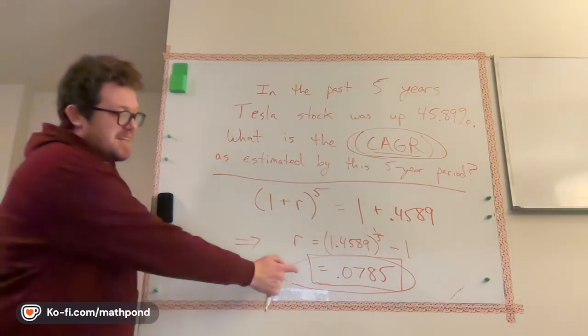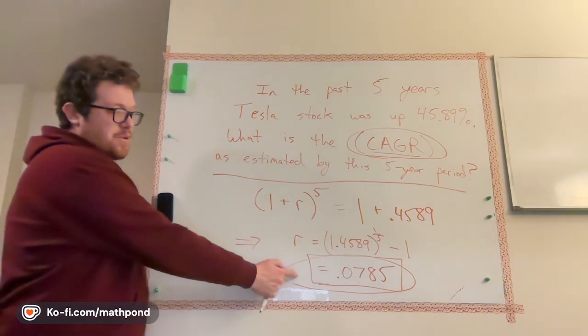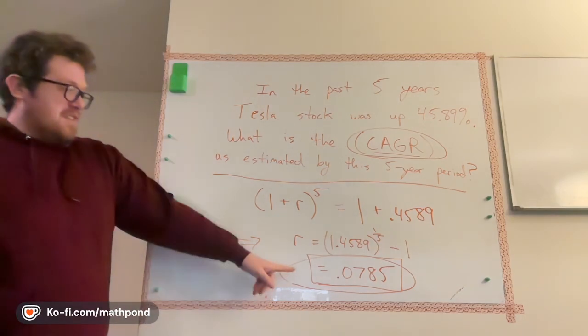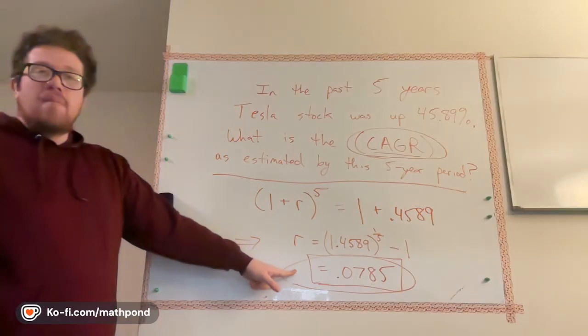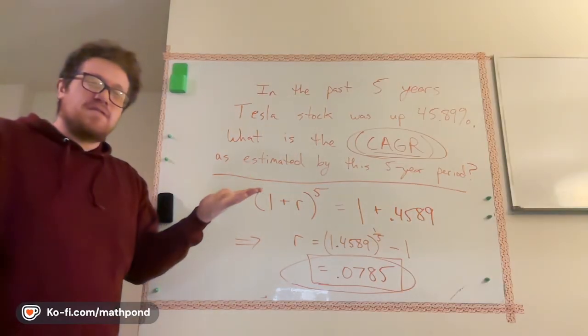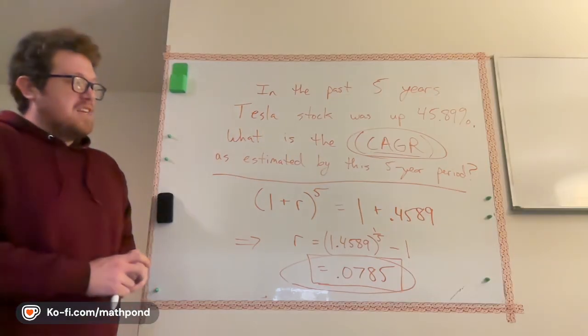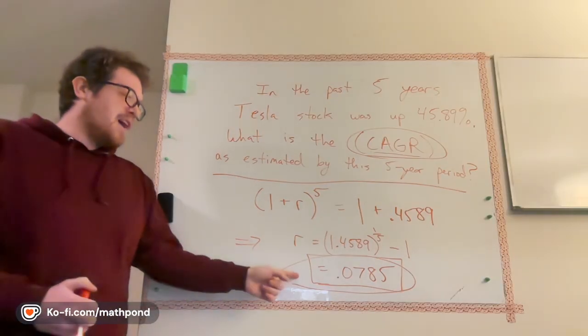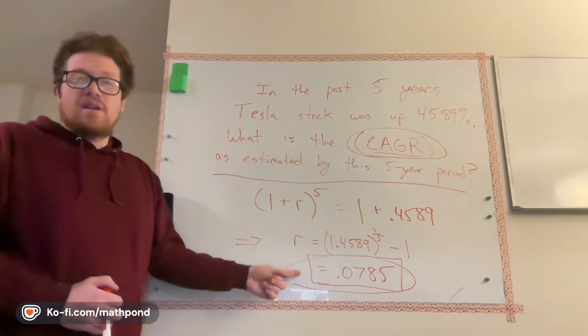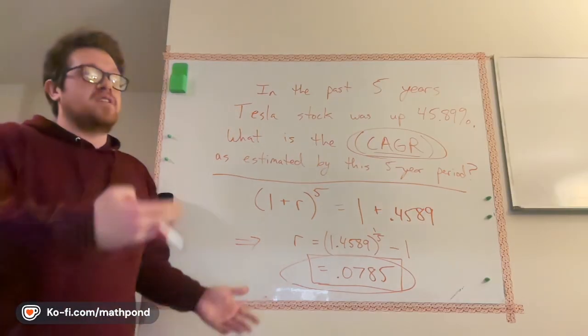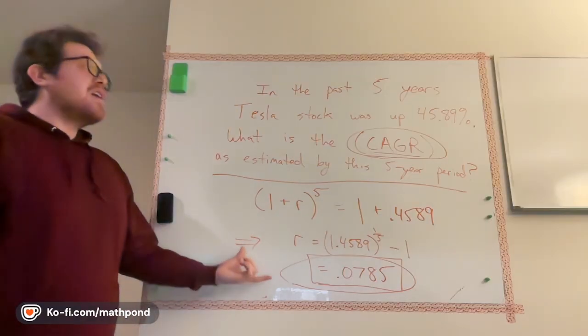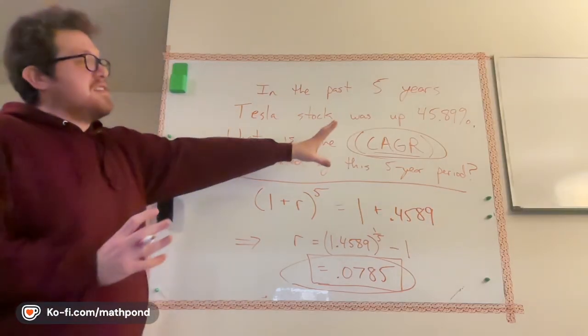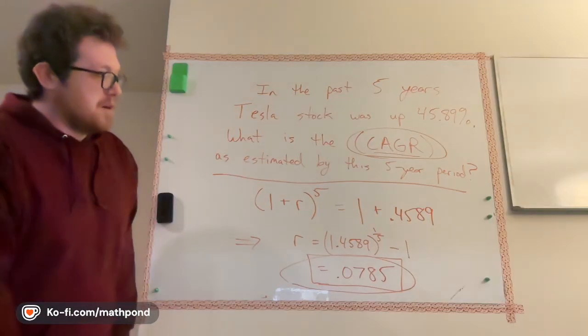Which is saying that Tesla isn't too great of an investment over the last 5 years because you're only getting about 8%. I think the S&P average is around 10-ish. So over the last 5 years, the average compounding growth rate has been lower than the S&P, and also the volatility is much higher. So if you just look at the last 5 years, then this is not a good investment, according to the Sharpe ratio.